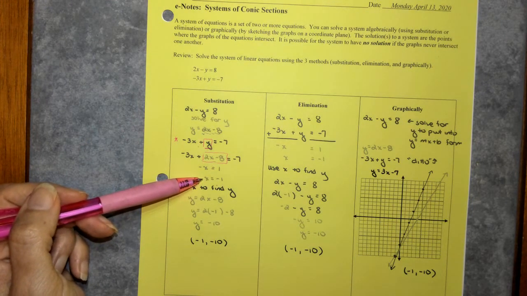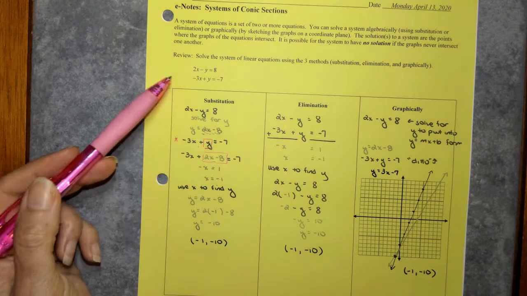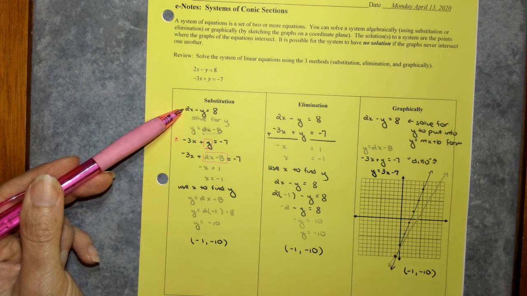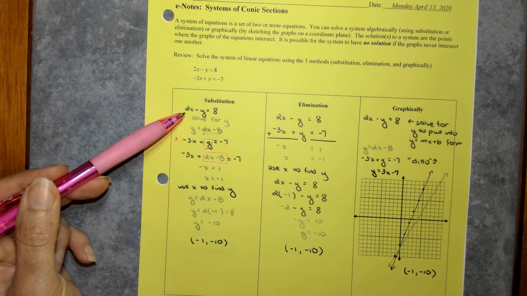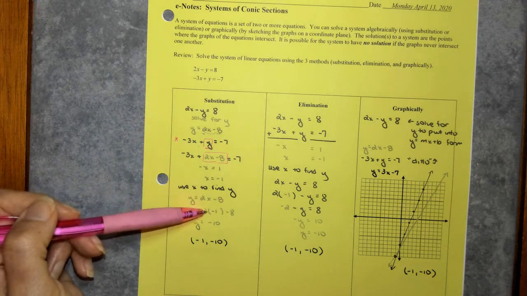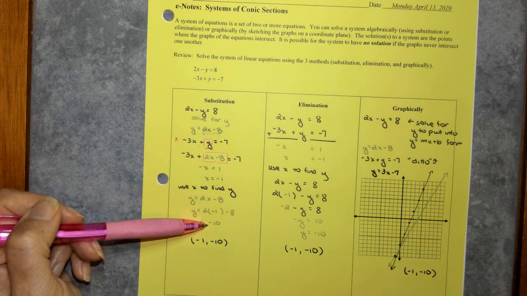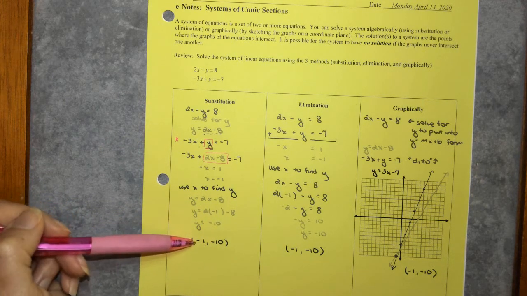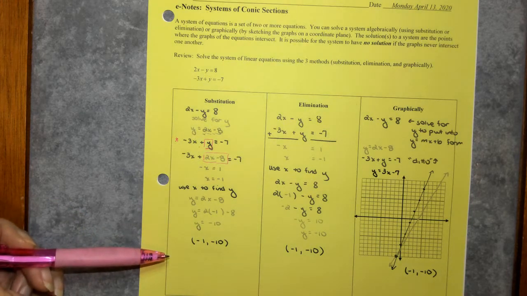I personally am usually going to go back to the original. Here you see I used the solved version, which is fine, but it's probably safer to use the other option. Either way, you put the -1 in, you simplify to figure out what the y value is, and then you combine them together. Obviously the x would come before the y because we're representing an ordered pair.